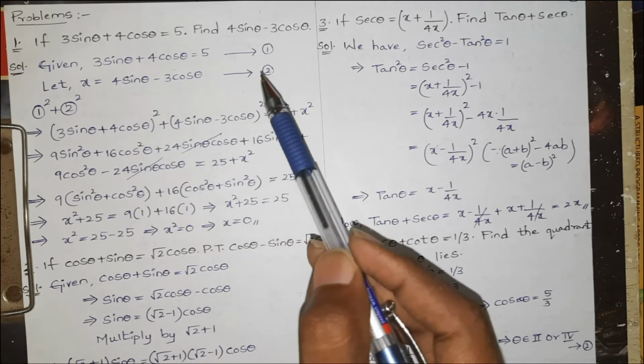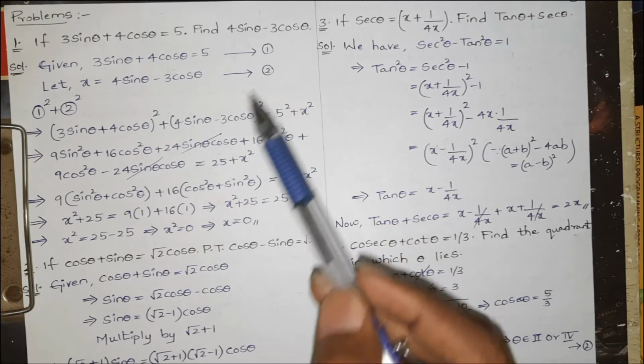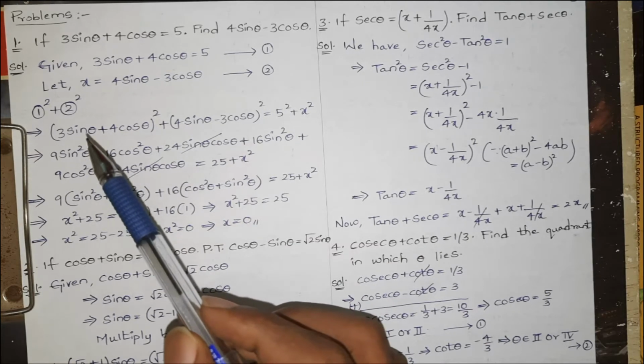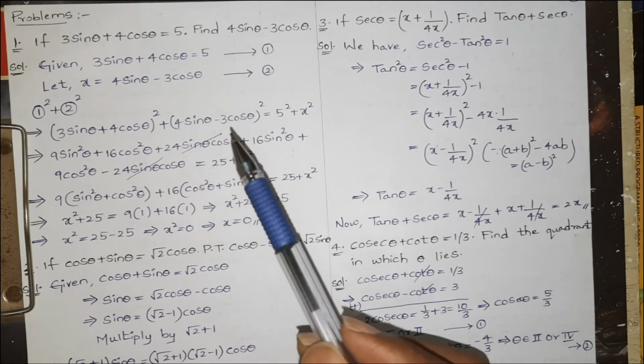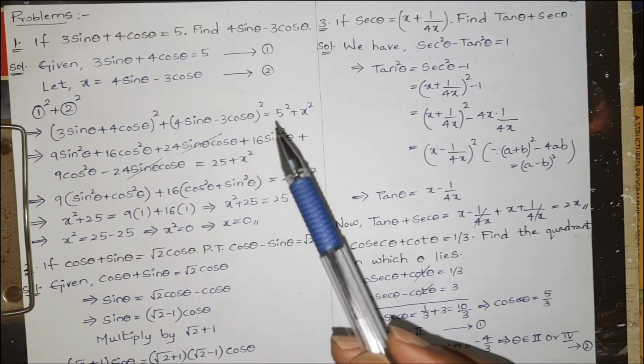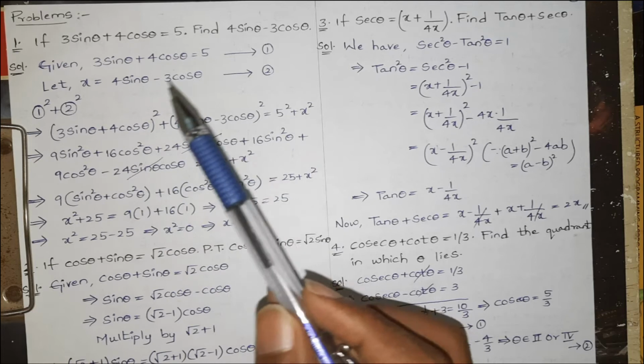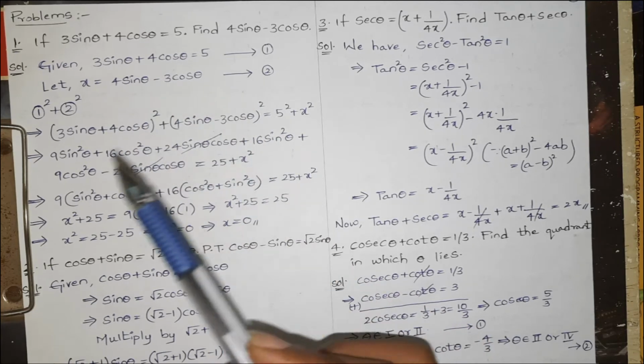By squaring and adding both equations, we'll get (3 sin theta plus 4 cos theta) whole square plus (4 sin theta minus 3 cos theta) whole square is equal to 5 square plus x square.